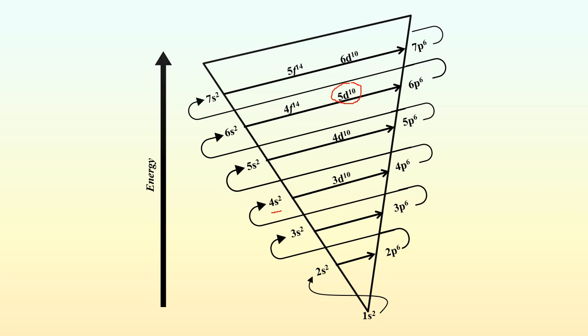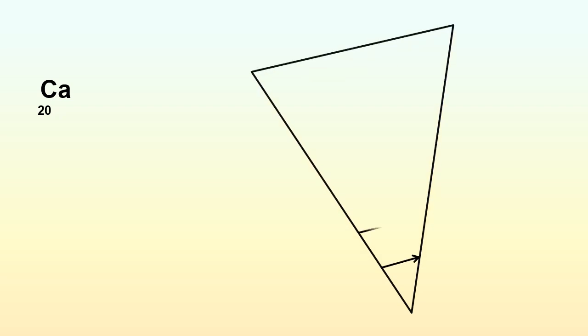Okay, so calcium. First find the atomic number of calcium. From the periodic table, its atomic number is 20. So the number of electrons in calcium is 20. Again, let's draw our energy level diagram.